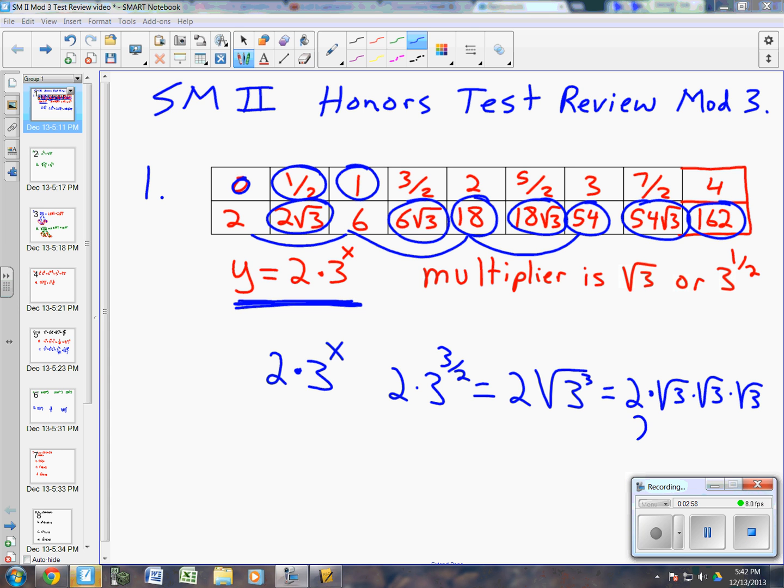When we times the first two root 3's together, root 3 times root 3 is root 9, which is 3, times the root 3 that's left at the end. So 2 times 3 is 6 root 3. And that's how we got the 3/2 term. You just continue doing that, or just think of it as multiplying each next term by root 3. And you'll get it. Okay, so that was the first one. We went over that one in class already, so I'm not going to spend any more time on it.